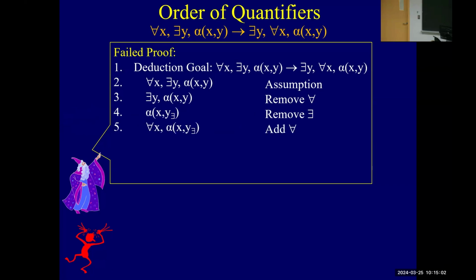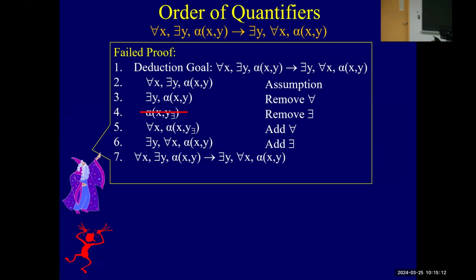And then we have a free variable x, so we can put the for all back, right? And then we can put the exists back, and we're done, right? Everybody's right. And then you say, well, that's a bad proof, right?